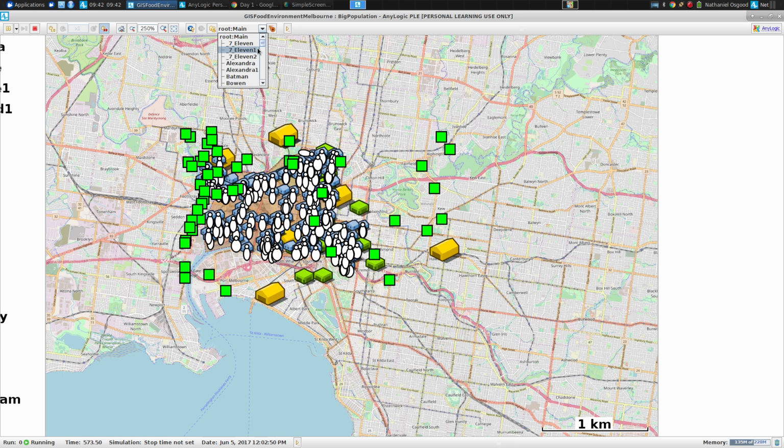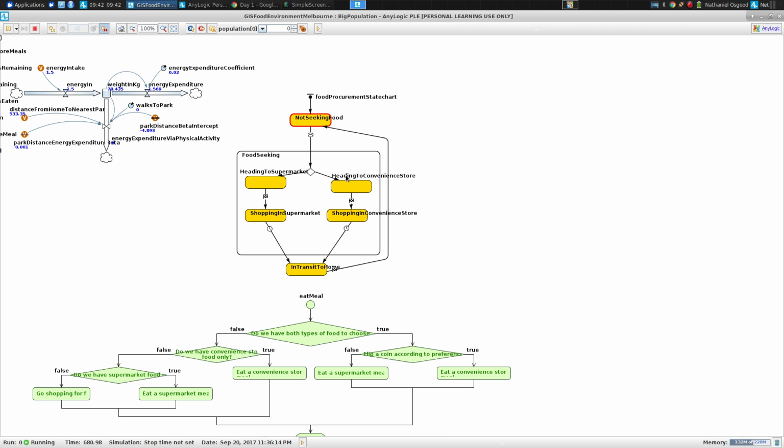But if you actually go in and scroll down this navigation menu, scroll down to where it says population. It requires a fair bit of scrolling, but it's alphabetical. You could see population. What you'll find is a depiction of some logic.